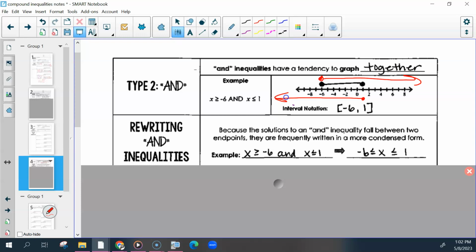The interval notation, these are both closed, so both brackets, ending points. And because it falls between two endpoints, they usually write this in a more condensed way. Start with the lowest, end with the highest, less than or equal to, depending on the signs, x in the middle.